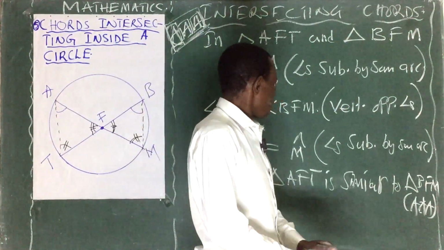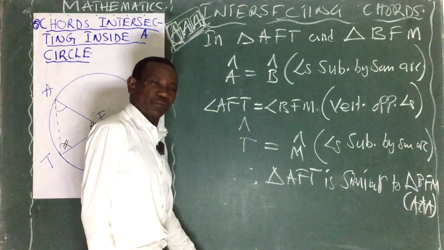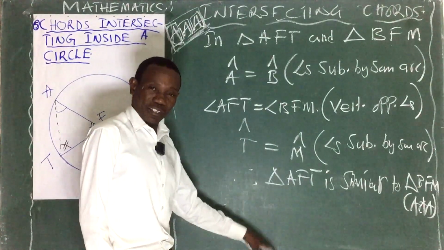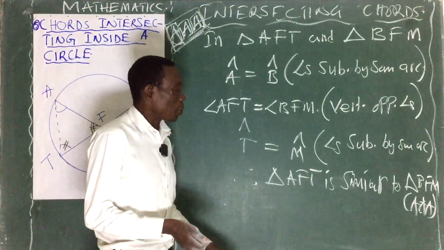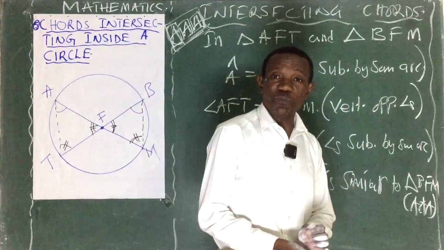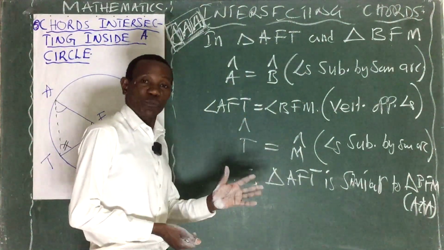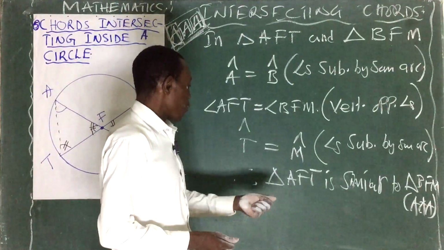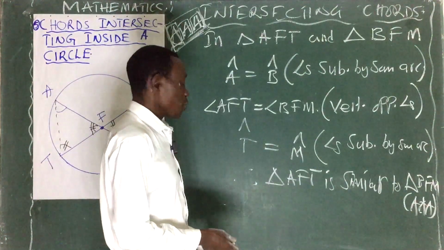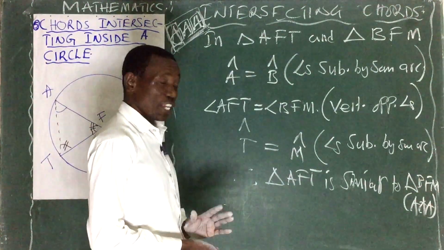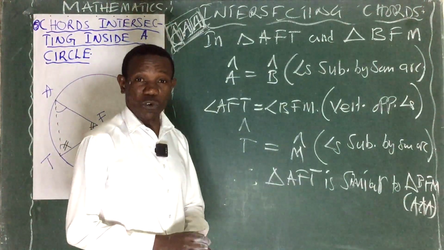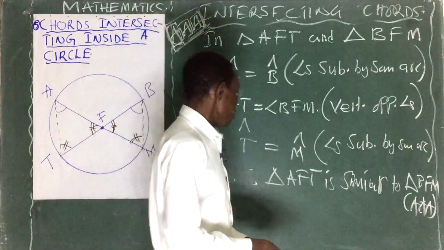Right. So about what we discussed about the similarity, if triangles are similar, what do we expect about the ratios of their corresponding sides? We saw that if triangles are similar, it means the ratios of the corresponding sides must always be equal. What does that mean?